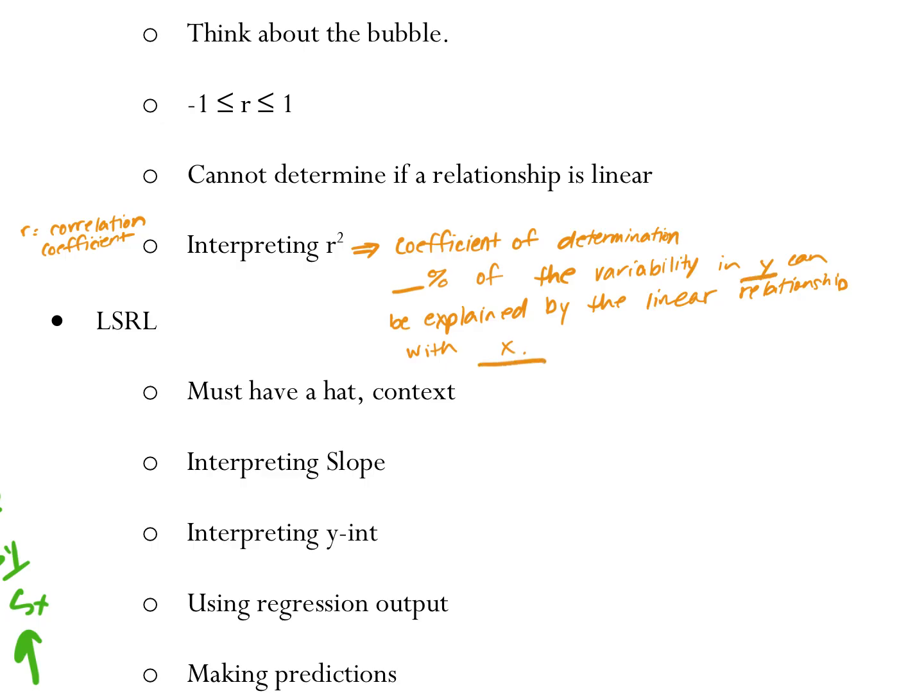Okay, the interpretation of R squared is always blank percent of the variability of whatever Y is. You're going to do it in context.